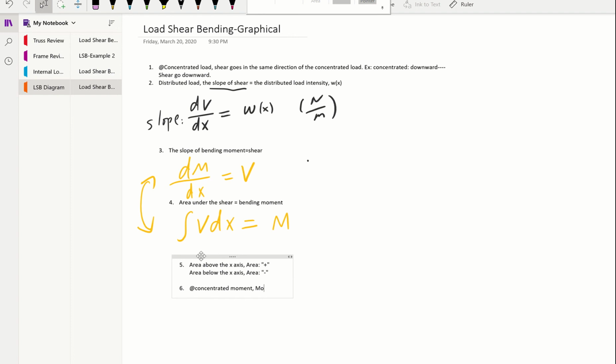If you have a concentrated moment, the moment jumps upward if it is clockwise rotation. On the contrary, the moment jumps downward if it is counterclockwise rotation. Okay.